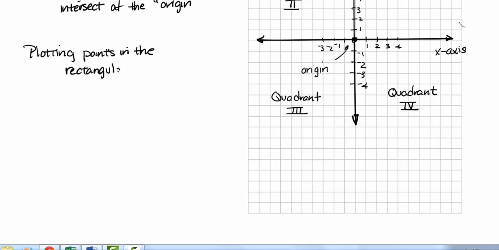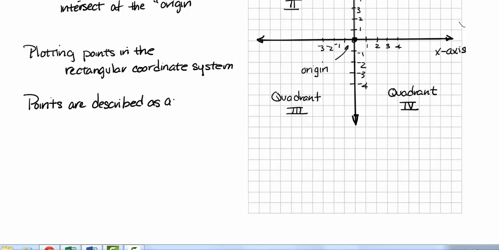And so basically we need to give it two numbers. So our points are described as an ordered pair, and we use parentheses to denote it.